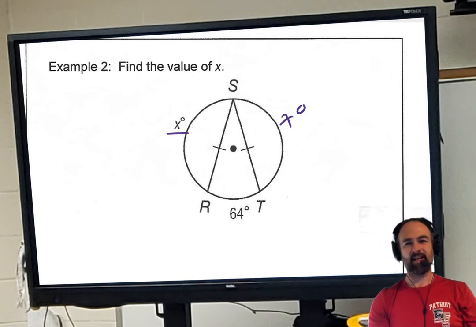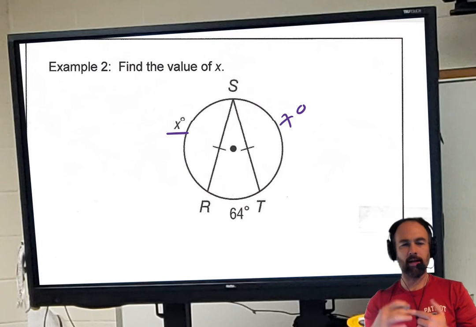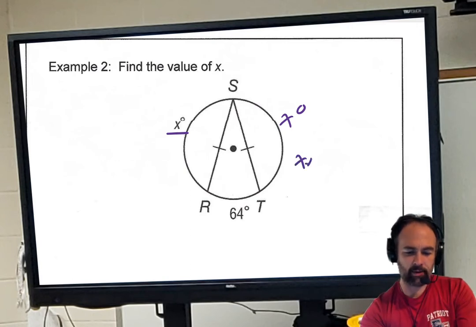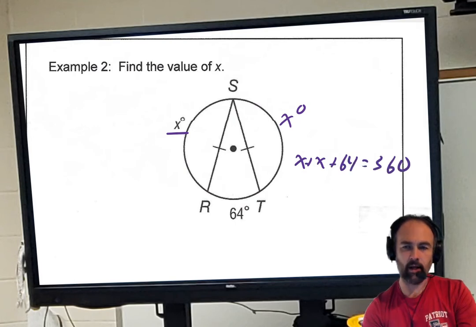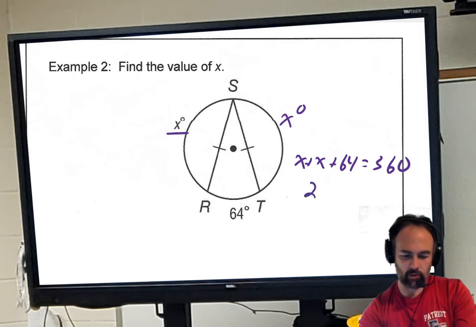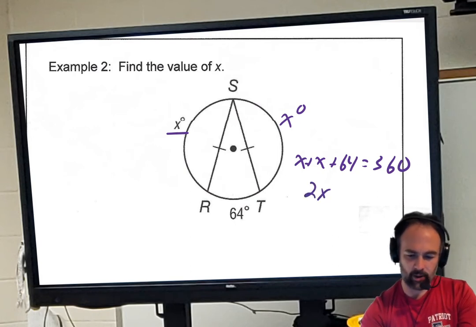Now, if I just set x equals x, that's not going to help me very much, but I do know that the full circle all the way around is 360 degrees. So I can set up the equation x plus x plus 64 equals 360 degrees. So that gives me 2x, and I'm going to go ahead and subtract the 64 on both sides.